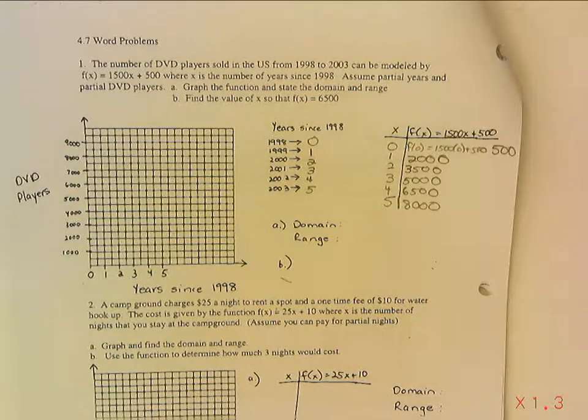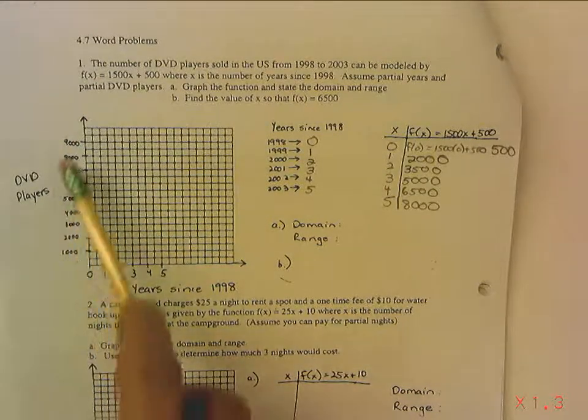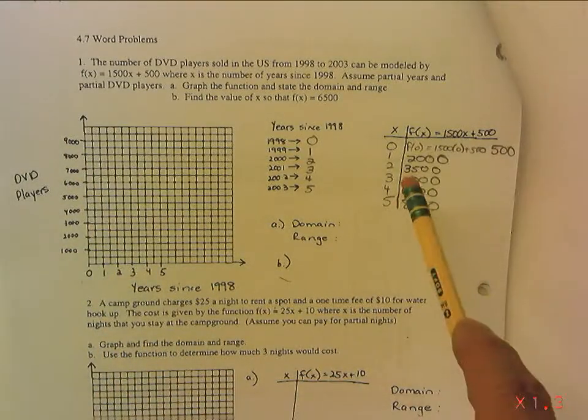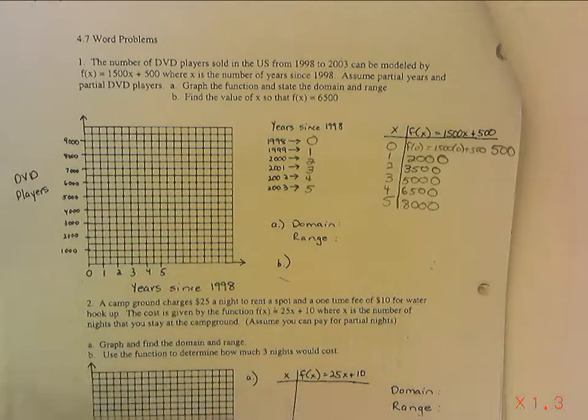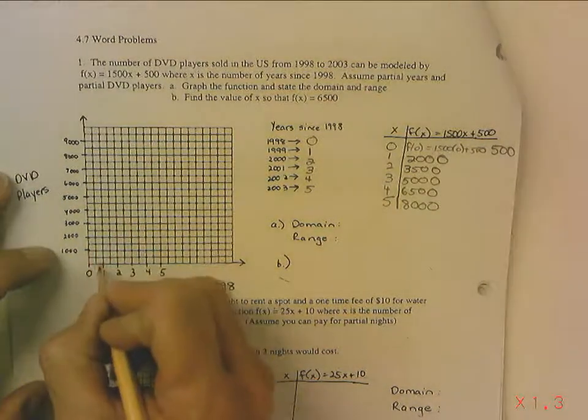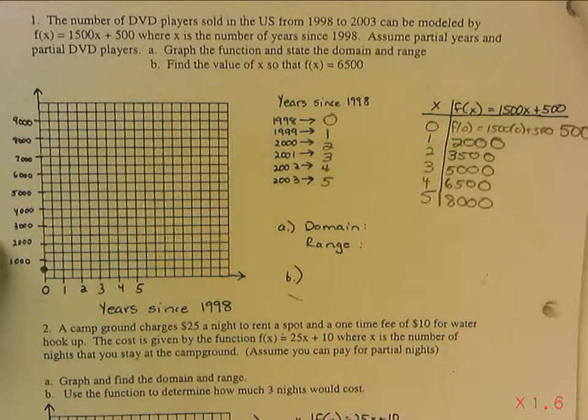Now we're going to graph, okay? And I already did the increments for you, but before I wrote these increments, I did figure out what f of x would be, so I knew how to count. Obviously, I'm not going to count by ones. So 0 is 500. Let's just zoom in a little bit.